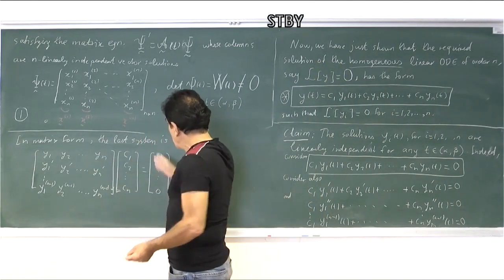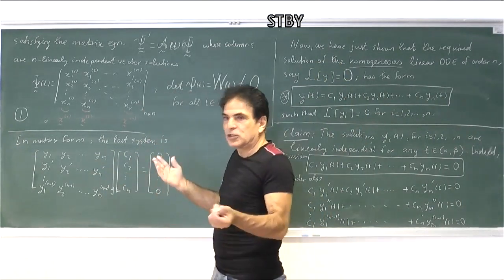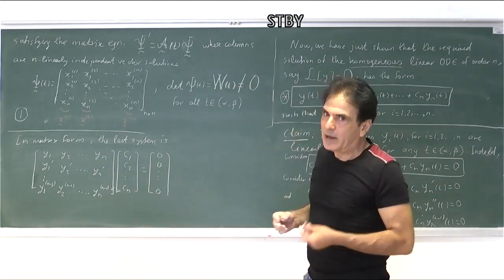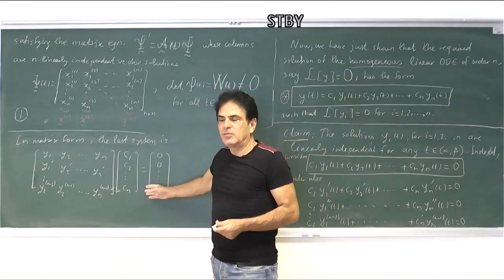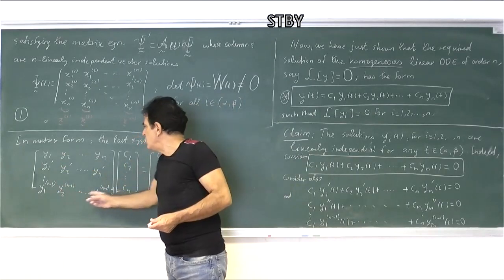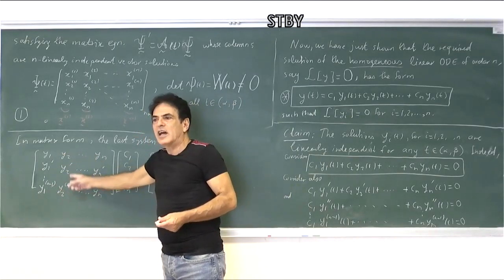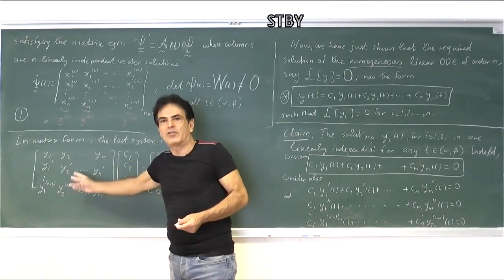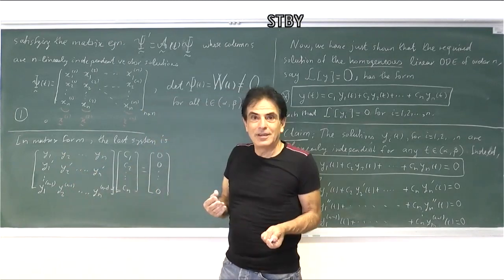Such a homogeneous system has a unique solution. It is known from basic linear algebra that such a homogeneous system has a unique solution if the determinant of the coefficient matrix is non-zero. That is, if the coefficient matrix is invertible.